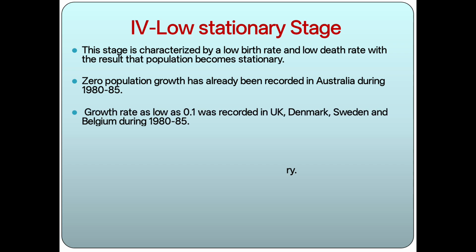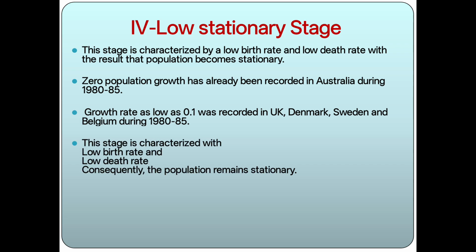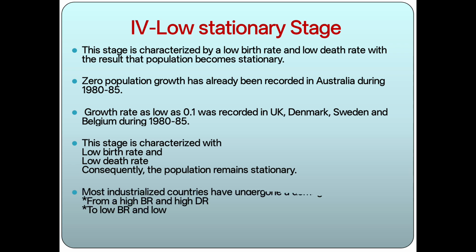A growth rate as low as 0.1 was recorded in UK, Denmark, Sweden and Belgium during 1980 to 1985. So this stage is characterized by a low birth rate and a low death rate. Consequently, the population remains stationary since both are low. Most industrialized countries have undergone a demographic transition from high BR and high DR to low BR and low DR.